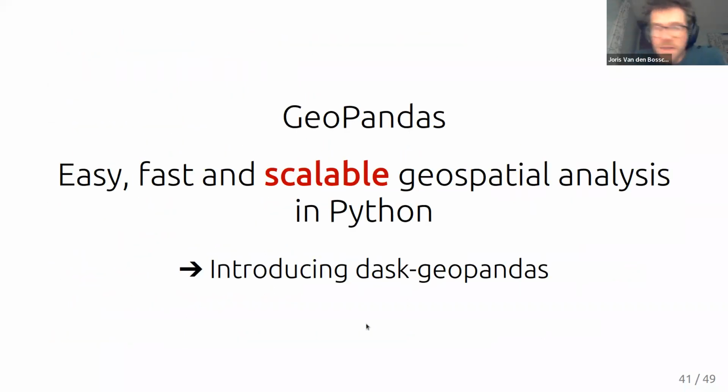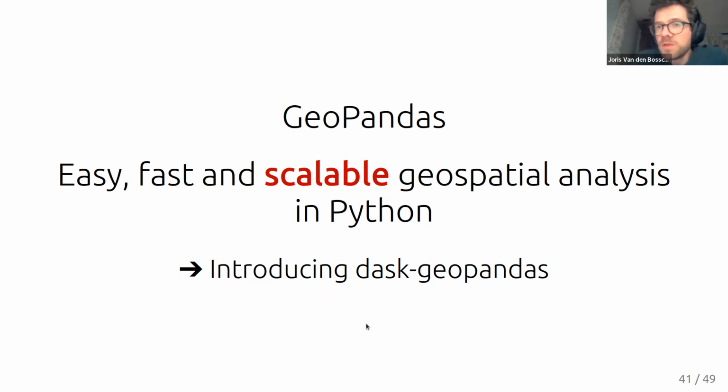A last thing. I talked a bit about speeding up GeoPandas itself, making it faster, the geospatial operations with Shapely, faster I/O. But there is also the next step: how can we use more than a single core, as Pandas and GeoPandas currently still do?